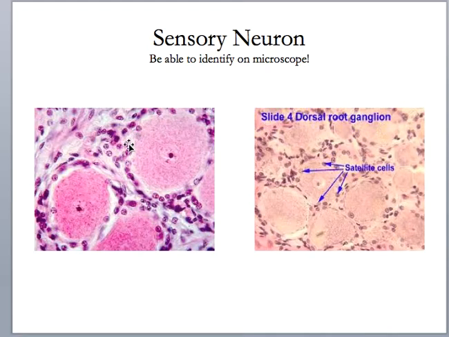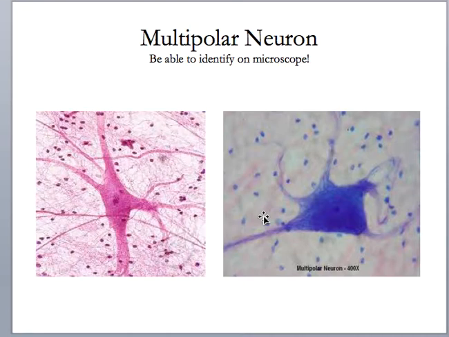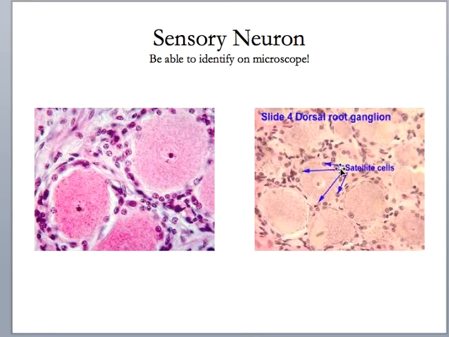Now these cells that are directly surrounding the sensory neurons are called satellite cells. These are also a form of neuroglial cells, found in the peripheral nervous system, whereas all of these others are found within the central nervous system. Schwann cells and satellite cells are the neuroglial cells found in the peripheral nervous system.